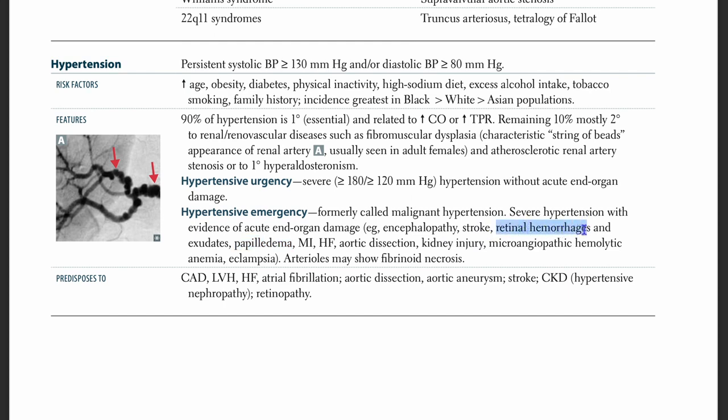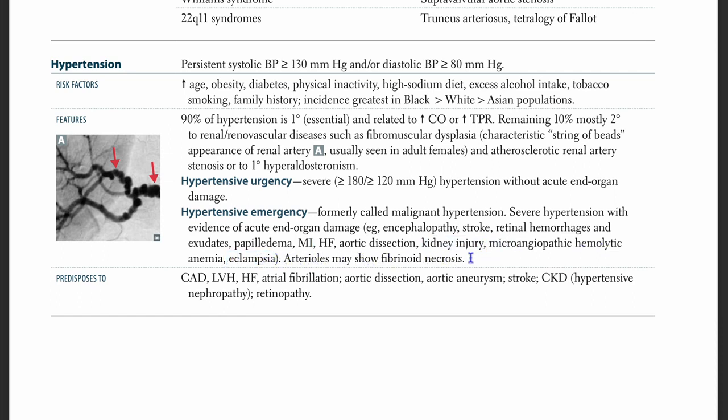But this also happens in diabetes, but not the hemorrhage, right? Oh, okay, I guess that one's more about macular degeneration. So retinal hemorrhage and exudates, papilledema, MI, heart failure, aortic dissection, kidney injury, microangiopathic hemolytic anemia, and eclampsia.